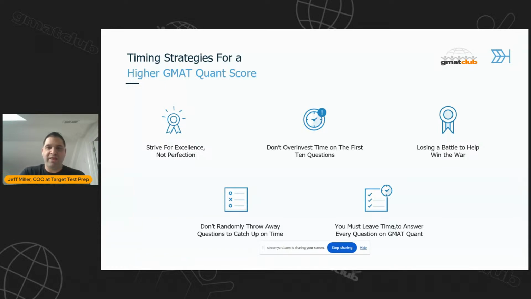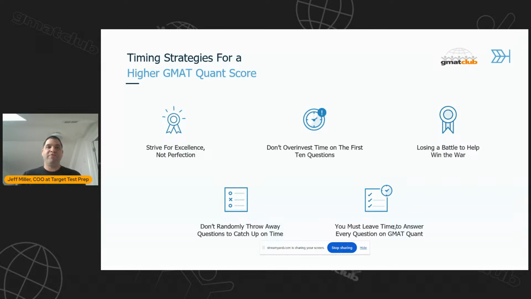And the same goes for over-investing in the first X number of questions. Yes, in an ideal world, we don't want to get the first 3 questions wrong, but that goes without saying. But it doesn't mean you want to get the last 4 wrong because you got the first 3 right. So you need to be really, really careful with how you counteract your desire to not start off on a bad foot with messing things up for the rest of the section.